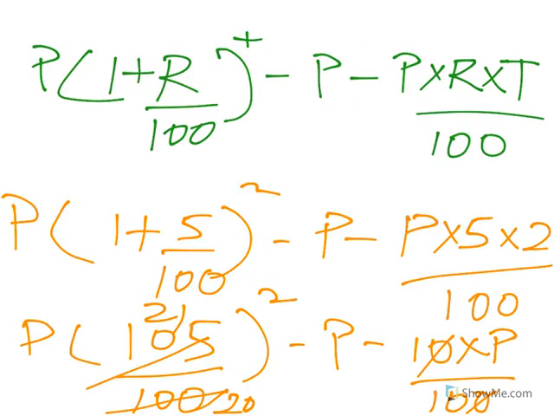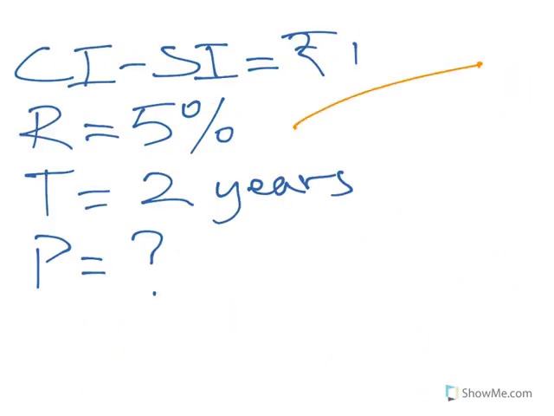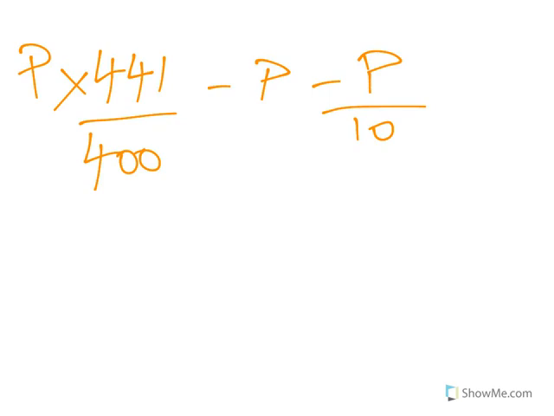I forgot to add my last thing. Since all of these equations are basically CI minus SI, we have to put in our value, right? That's 1. So I'll add that right here. This is all equal to 1. So the first thing I'm going to do is multiply all these terms by 400 so that I end up with no denominator.